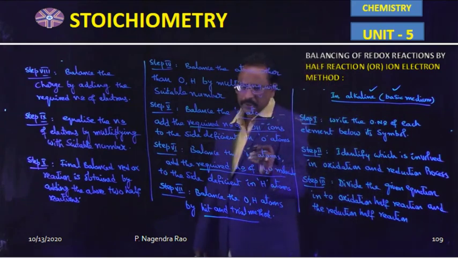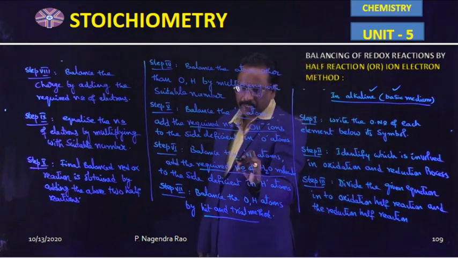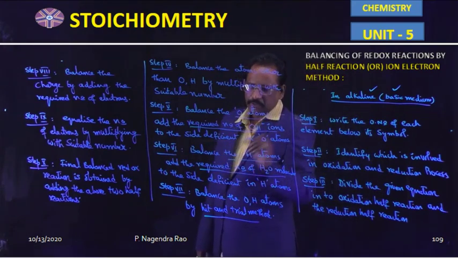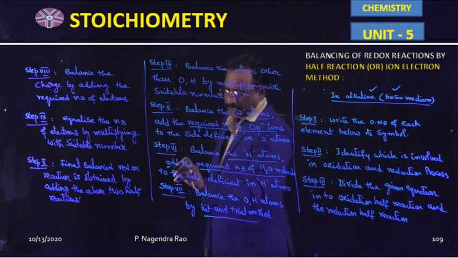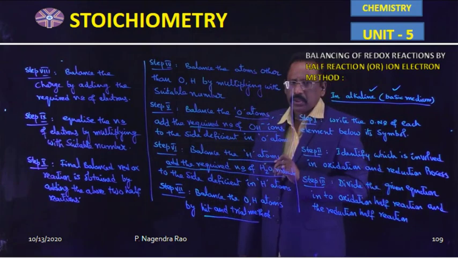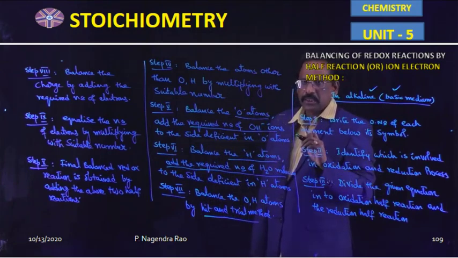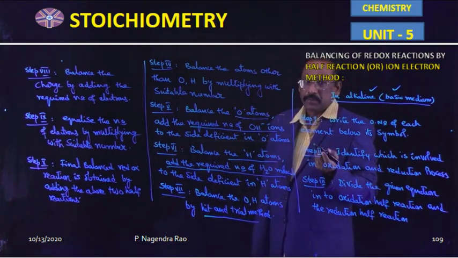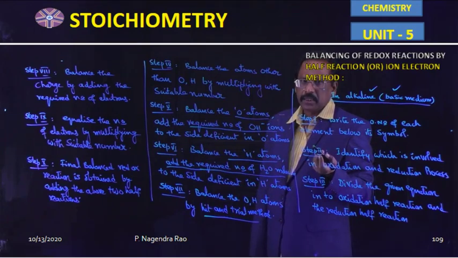After that, to balance the hydrogen atoms, add the required number of water molecules to the side deficient in hydrogen atoms. The remaining steps are the same.